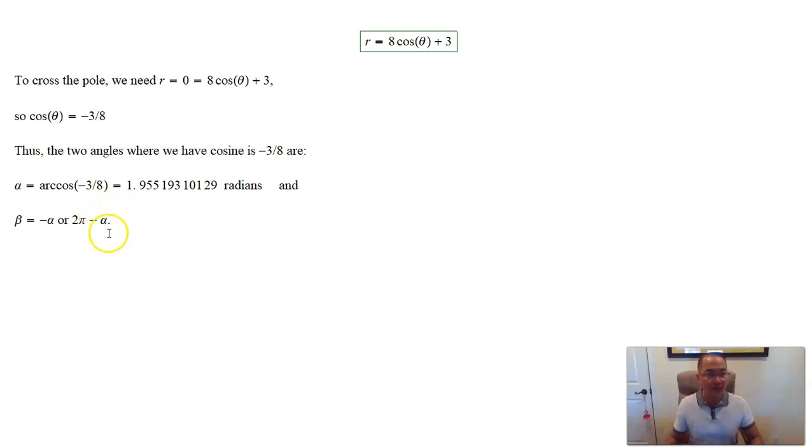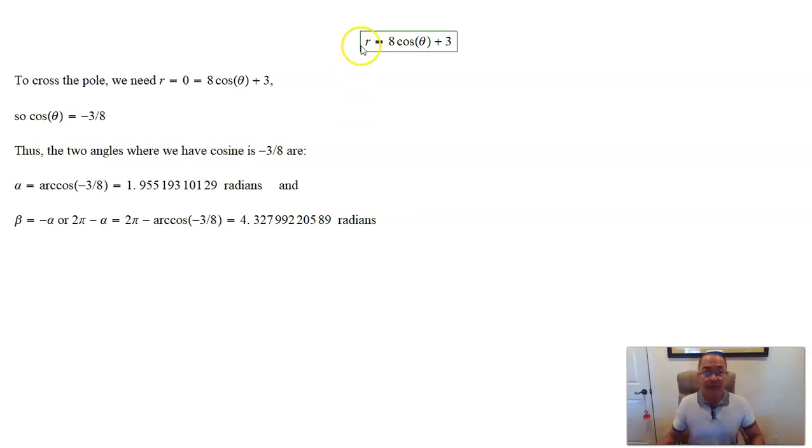We need 2 pi minus this angle. 2 pi minus arc cosine negative 3 over 8. So we get 4.327 radians. Okay, so these are approximations, of course.